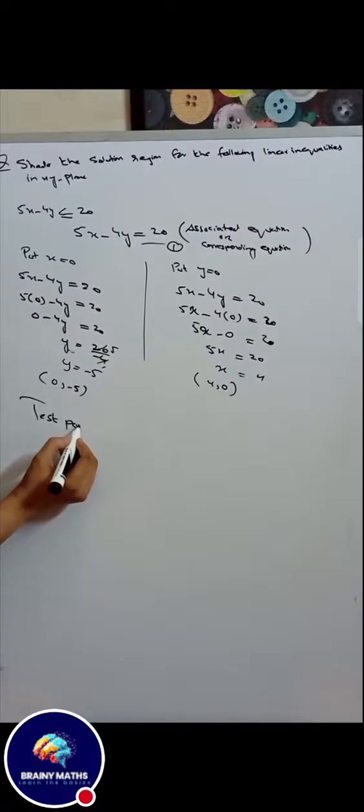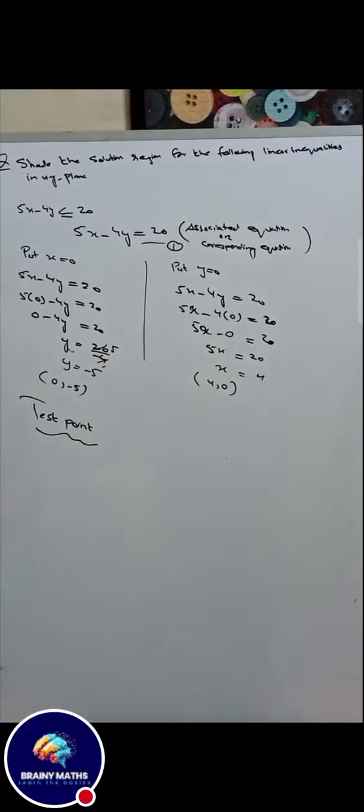Now to test the point, that is, whether this inequality is false or true. So that's our purpose. Test point. If you write here test point, it's also called PT. If I write PT, it's okay.